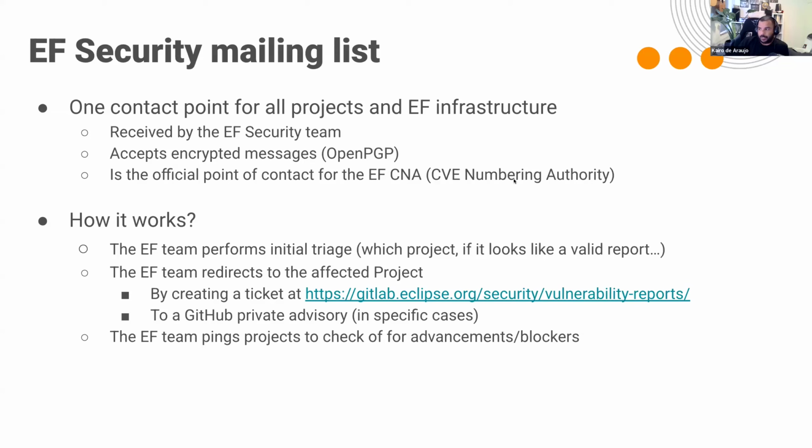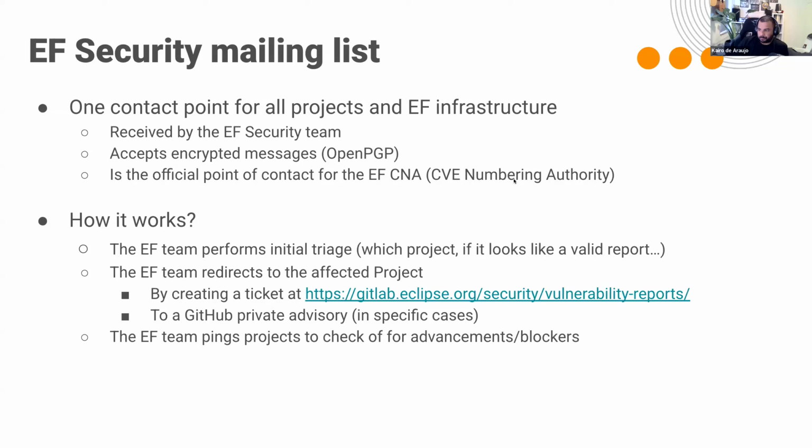And we accept encrypted messages such as OpenPGP. This is really the official contact for Eclipse Foundation, because the Eclipse Foundation is also a CNA, a CVE Numbering Authority, as Marta mentioned. So we can reserve and publish CVE numbers.